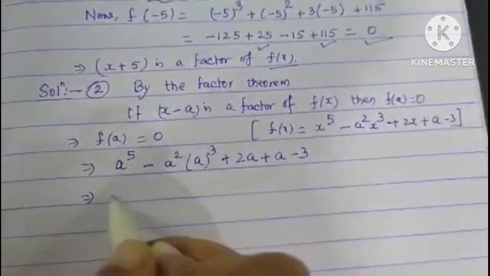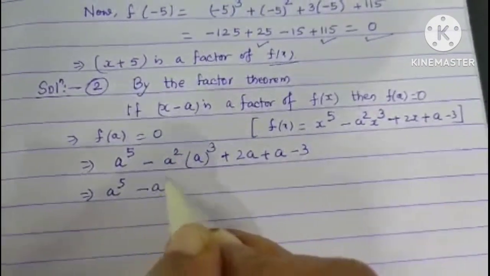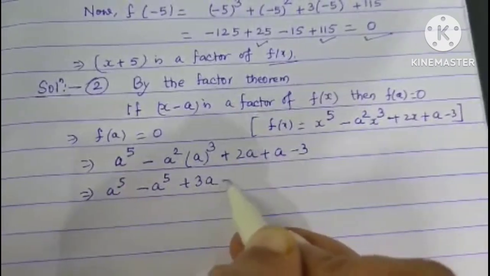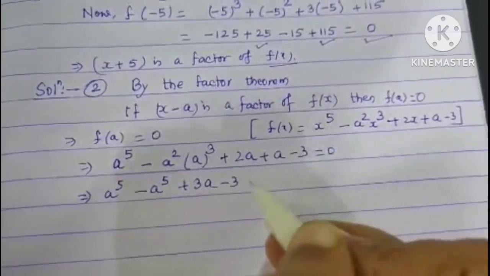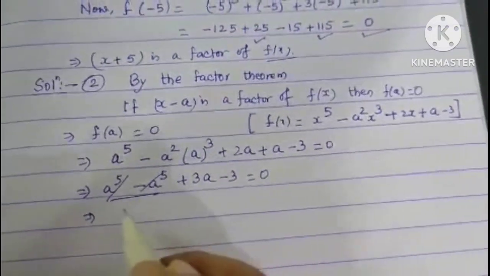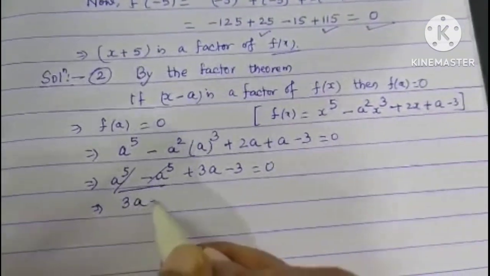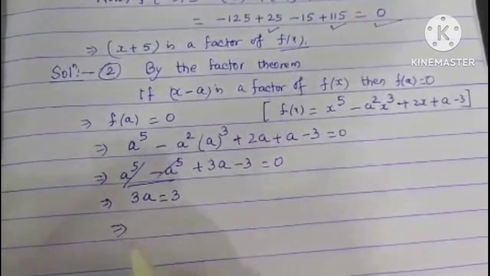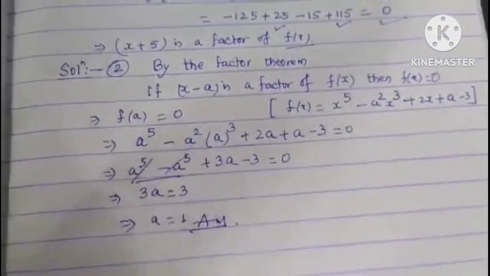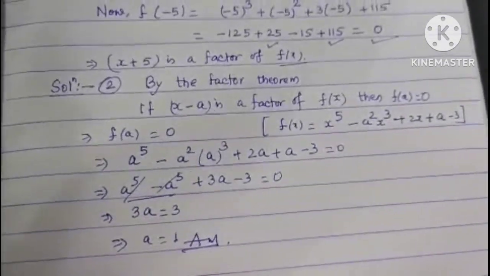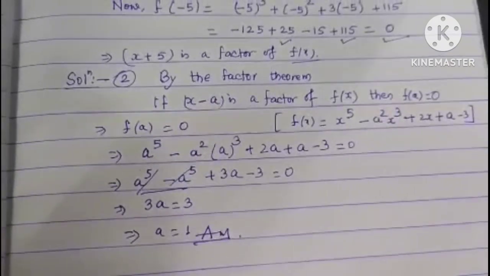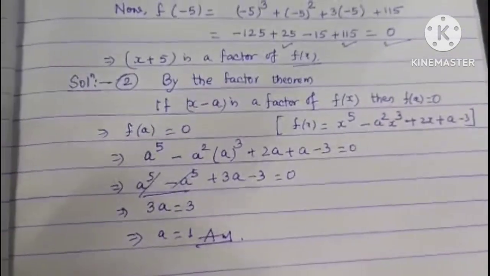Okay, this implies a to the power 5 minus a to the power 5 plus 3a minus 3 is equal to 0. This will cancel out. 3a minus 3 equal to 0. This means 3a equal to 3. This implies a equal to 1. So this will be our answer. The value of a is 1. For a equal to 1, this will be a factor of this polynomial.